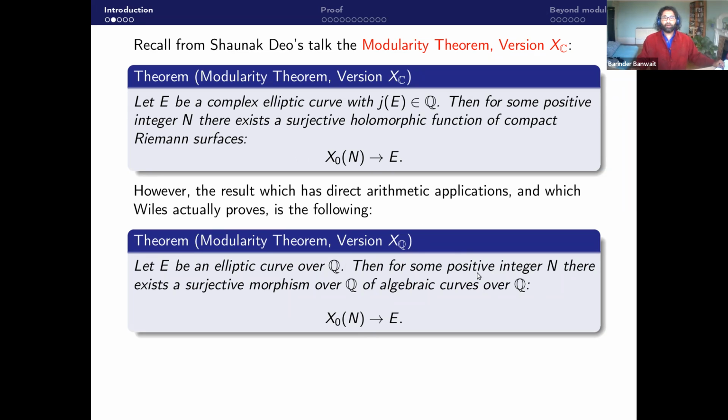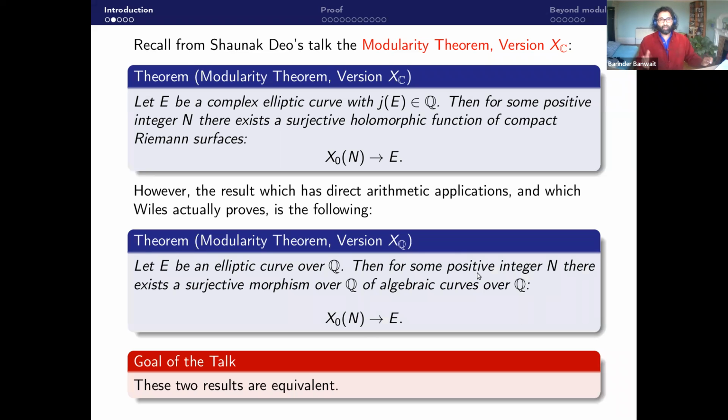The point of this talk is to show that these two notions of modularity are equivalent. That's what the main part of the talk is going to be, section 2, the proof. And then the final section is going to be some open questions about how to extend this notion of modularity.